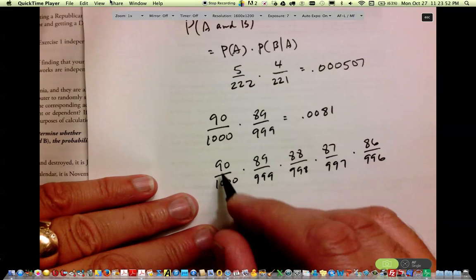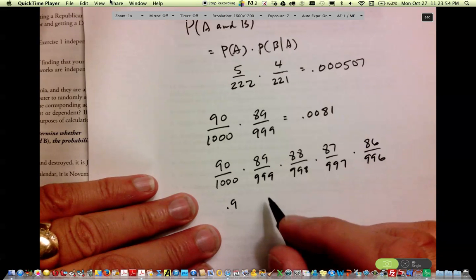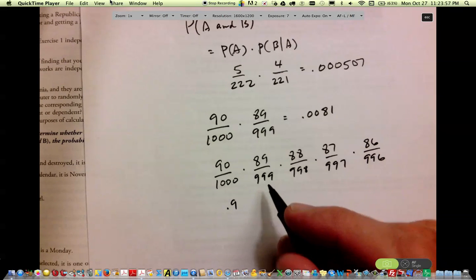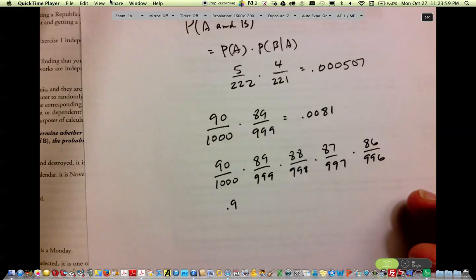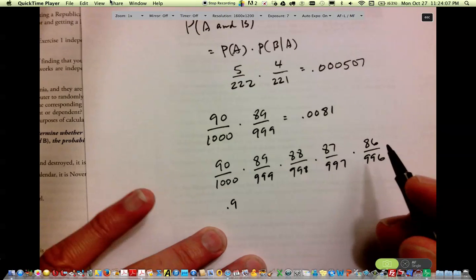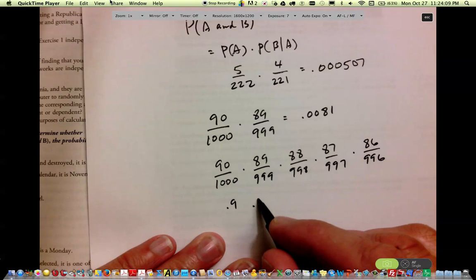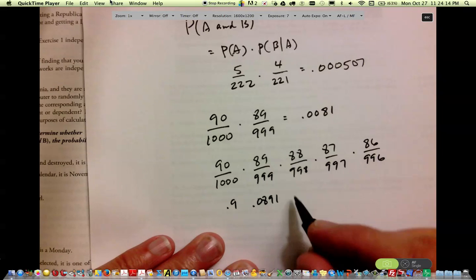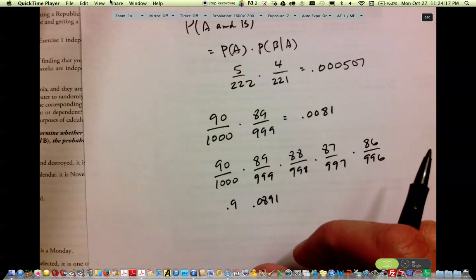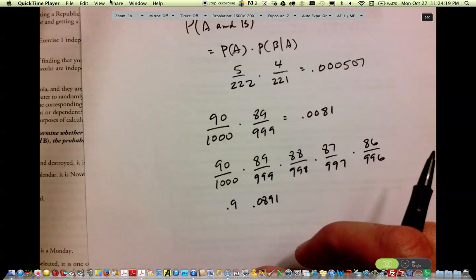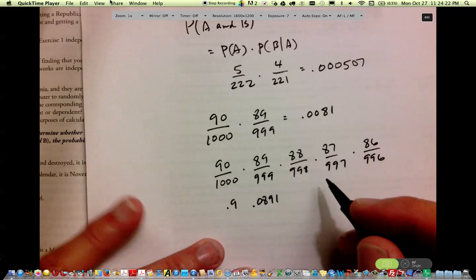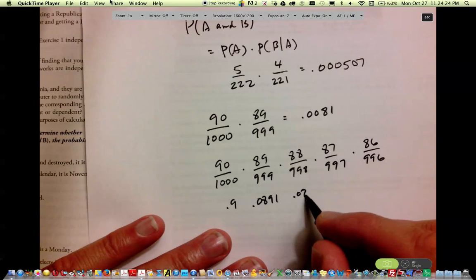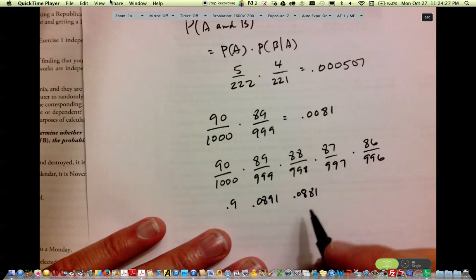If you multiply all these things together, that's kind of a pain to do. But this first number is exactly 0.9, and 89 out of 999 is 0.0891 of a whole, that is, about 0.891, and then 88 out of 998 is 0.88176.